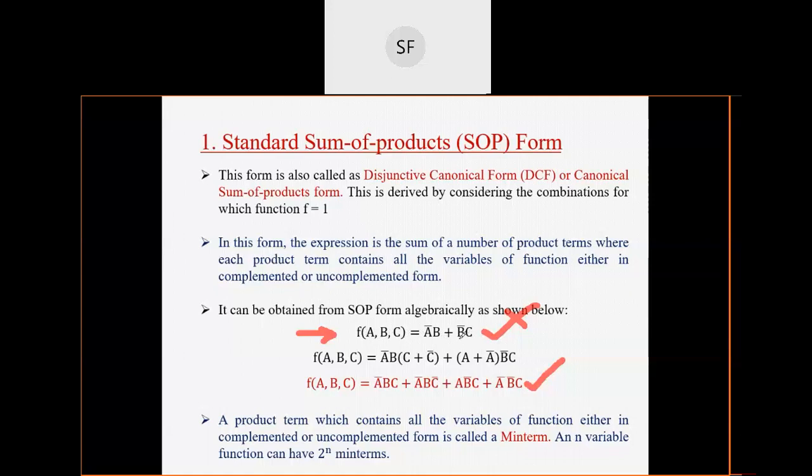So in the sum of product form, you can observe here only two variables are present, a and b, and again here also two variables are present, b and c. One variable is absent in both the terms. Here c is absent and here a is absent.